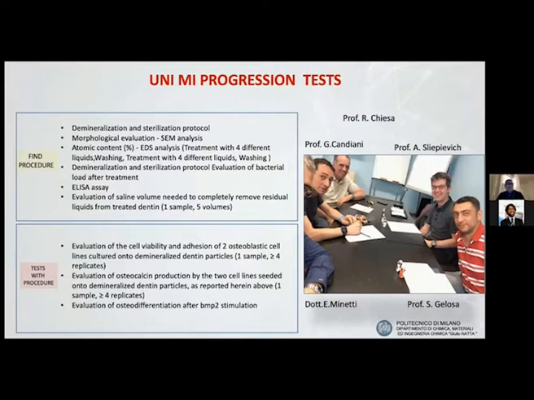So we analyzed the demineralization, the morphological evaluation, the atomic content, the DS analysis, etc. And in the second step, we analyzed the viability of the cells, the production of osteocalcin, and the presence of proteins after the treatment.